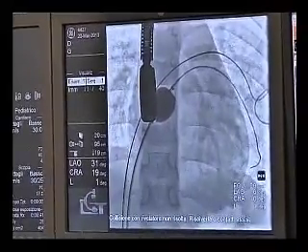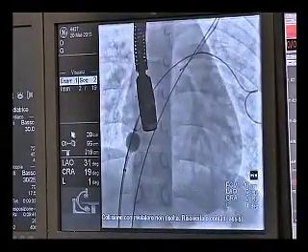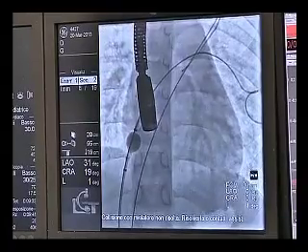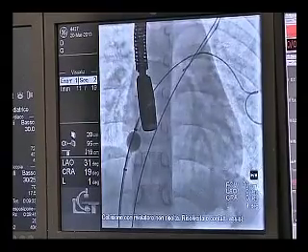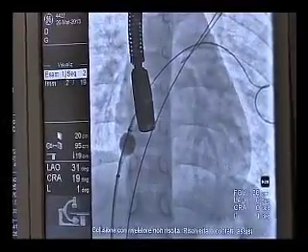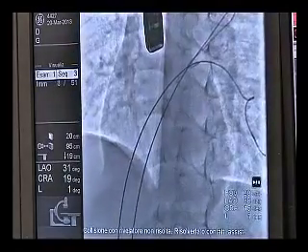And we also performed a sizing of the inferior shunt that is less than 10 millimeters. The sizing of the major one is about 19-20 millimeters.